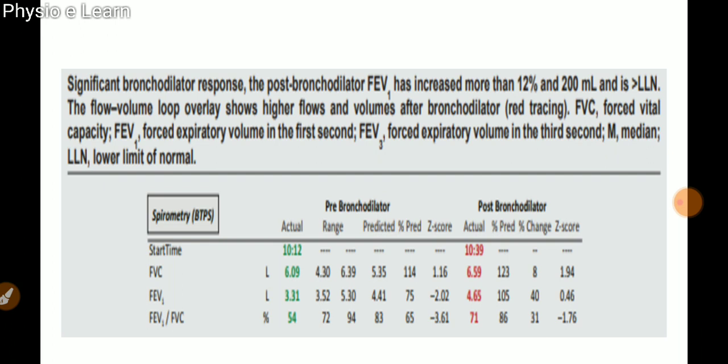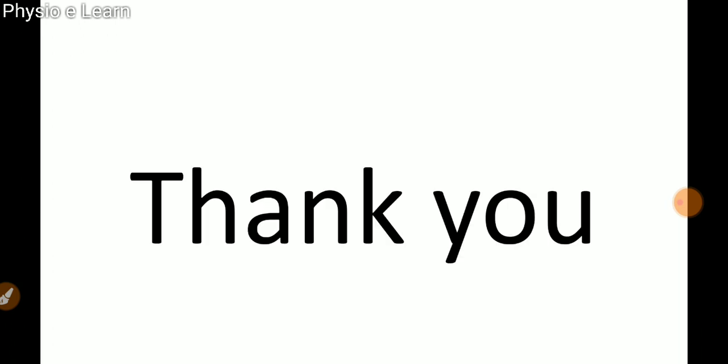And in mixed, that is restrictive and obstructive pattern, the mnemonic is 80-80-70%. So FEV1 will be less than 80%, FVC will be less than 80%, and FEV1 by FVC ratio will be less than 70%.